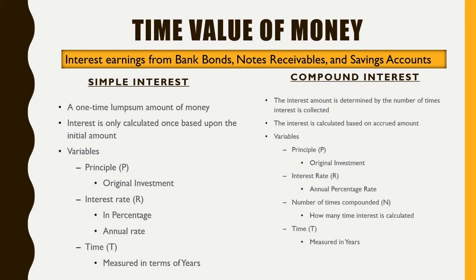Whereas a bank bond security, you're most likely not going to invest in that kind of idea, or a retirement fund, right? Those only have simple interest because, again, they're just taking your lump sum money and they're only going to charge interest once. Compound interest is where you're going to be compounded, or hit with interest multiple times.